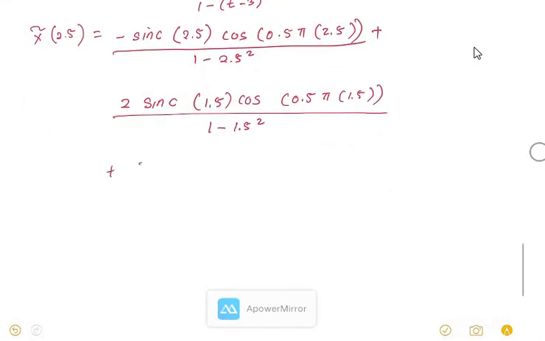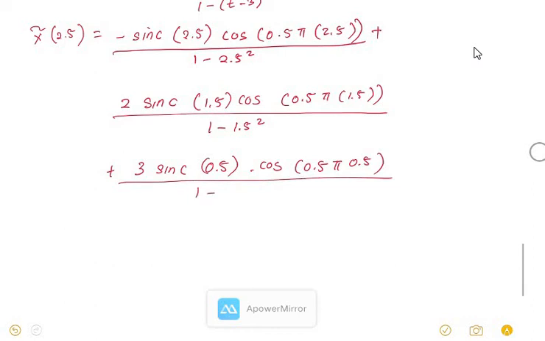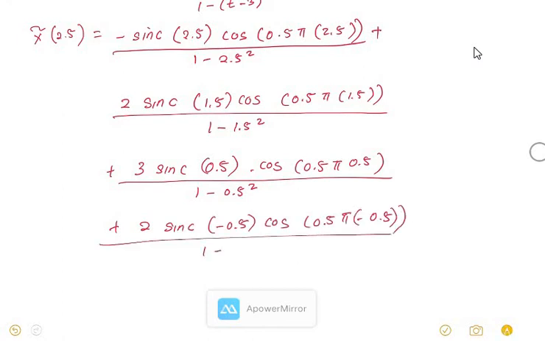Then plus 3 sinc(0.5) multiplied with cos(0.5 pi times 0.5) divided by 1 minus 0.5 squared. And lastly, we have 2 sinc(negative 0.5) cos(0.5 pi times negative 0.5) over 1 minus 0.5 squared.